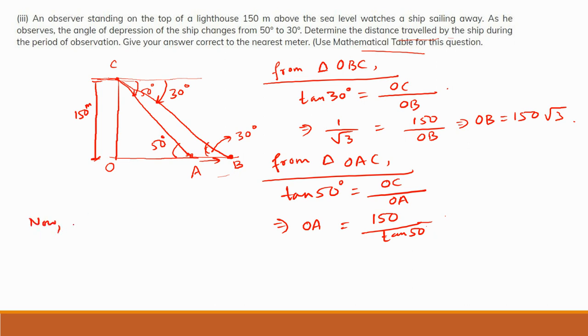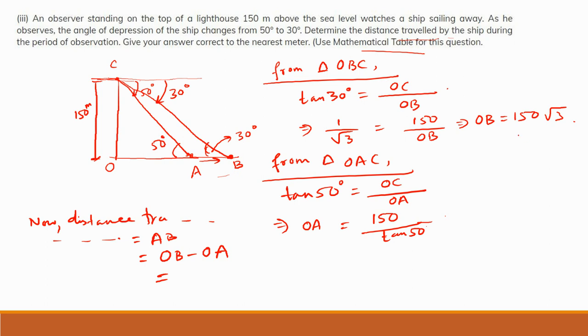Now, distance traveled by the ship during the period of observation is equal to AB. That is equal to OB minus OA, right?